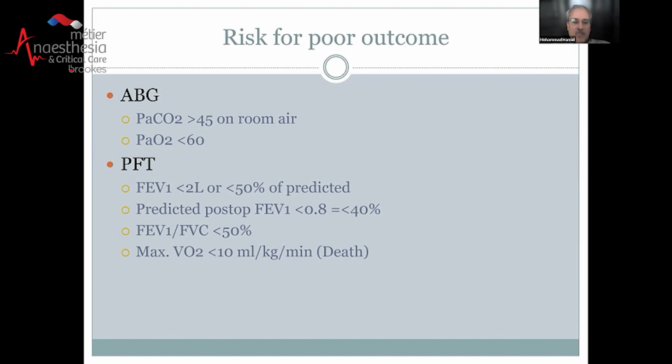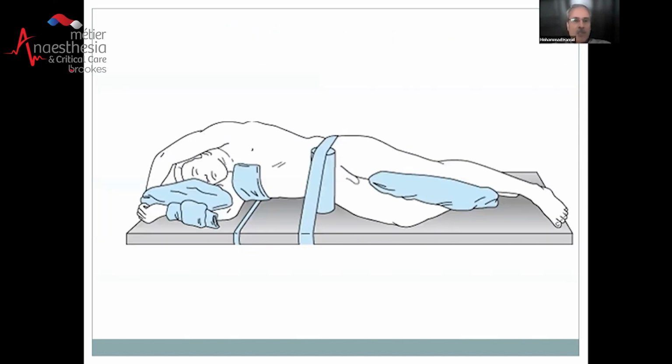But it can be predicted pre-operatively, as there is an equation which can be used to predict what the FEV1 would be, and it depends on how many segments or lobes you are going to resect. And then maximum VO2 less than 10 ml per kg per minute.